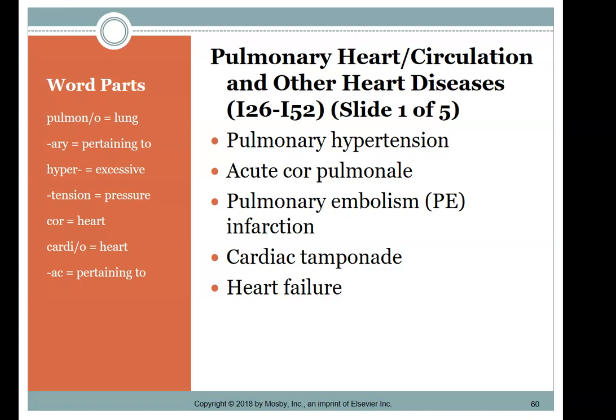It's previously referred to as congestive heart failure, or CHF. And then you've got your word parts. Pulmono is lung, ary is pertaining to, hyper equals excessive, tension equals pressure, cor equals heart, cardio is heart, and ac is pertaining to.